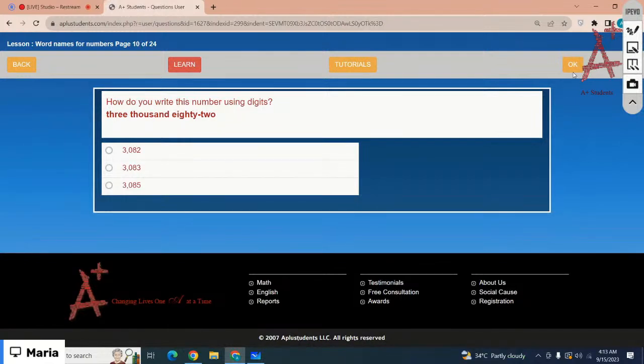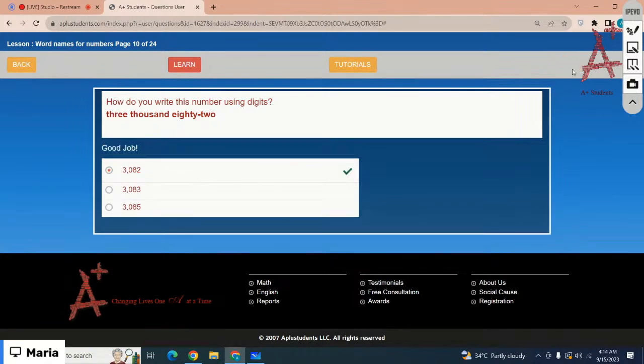How do you write this number using digits? Which is the correct option? Yes, it is 3082, option number 1 here.